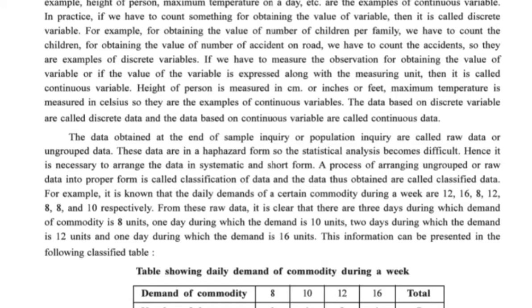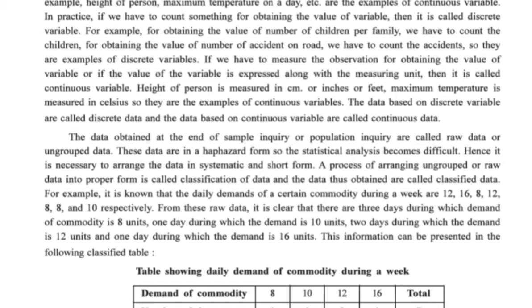Why raw data? Because we just collect the information as we get it, and that's why it is raw data or ungrouped data. It is never classified the first time. The way we get the information, we just collect it, right? And that's why they are raw data or ungrouped data.